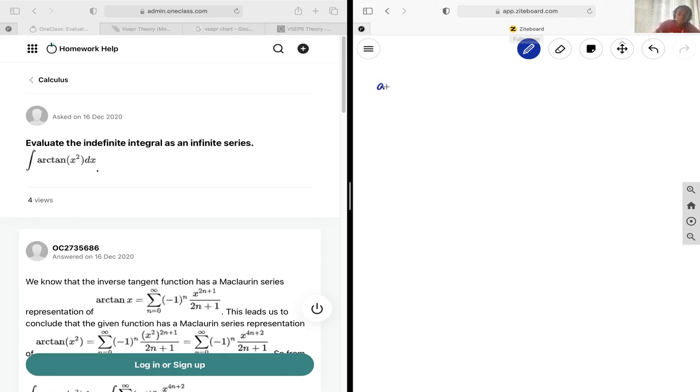And so we know that arctan x, or inverse tangent, is going to be the integral of 1 over 1 plus x squared.